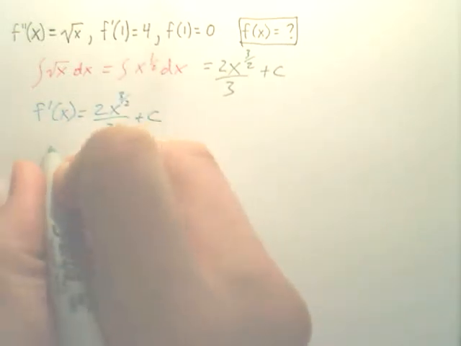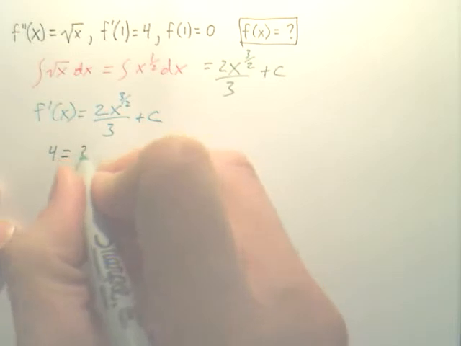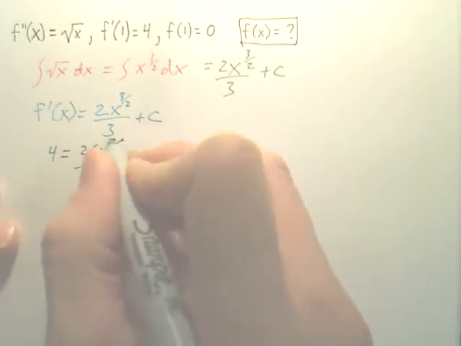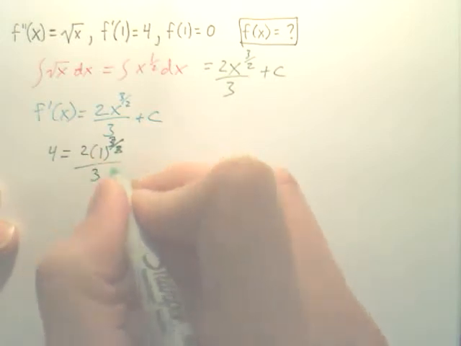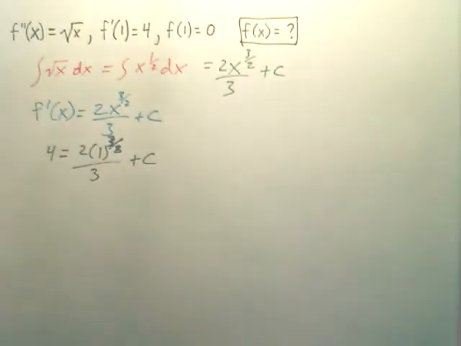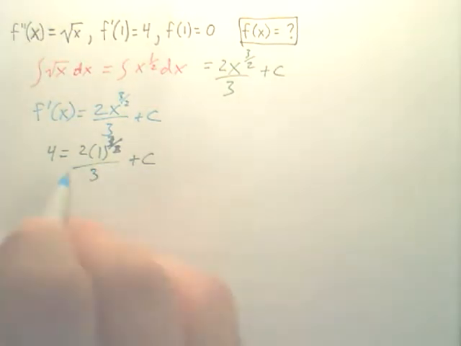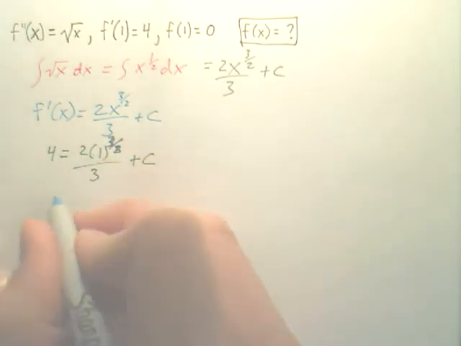So what we now have is 4 equals 2 times 1 to the 3/2 over 3 plus c. Nice thing is 1's pretty nice and easy. This becomes 2/3.